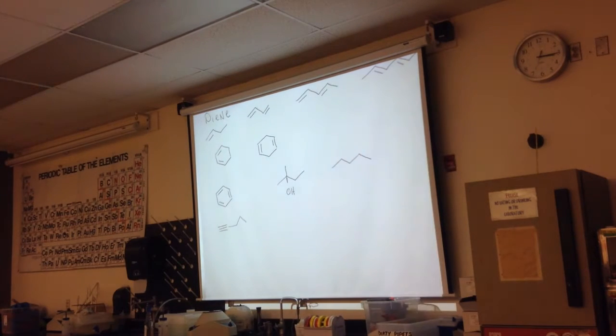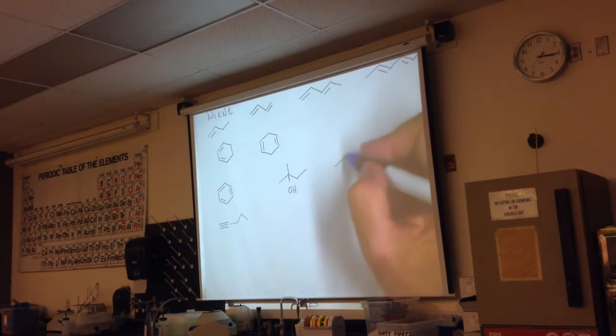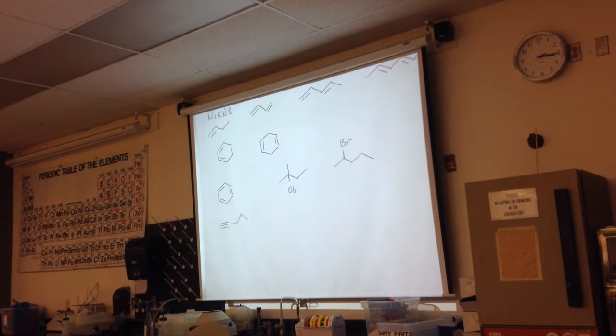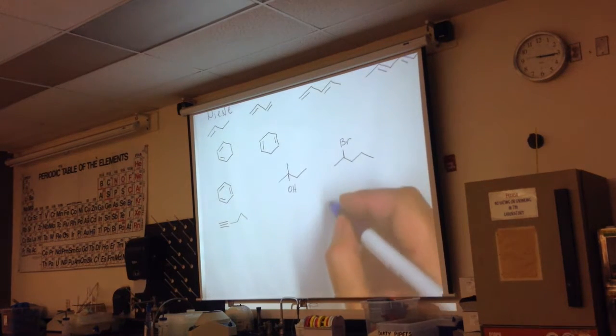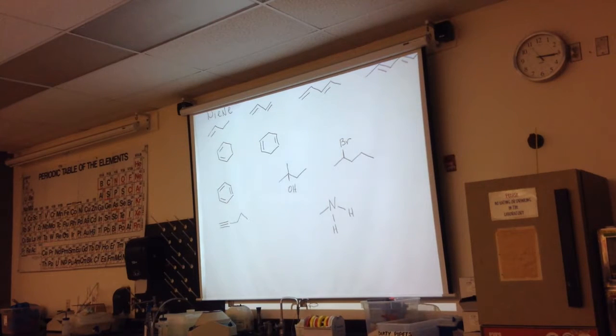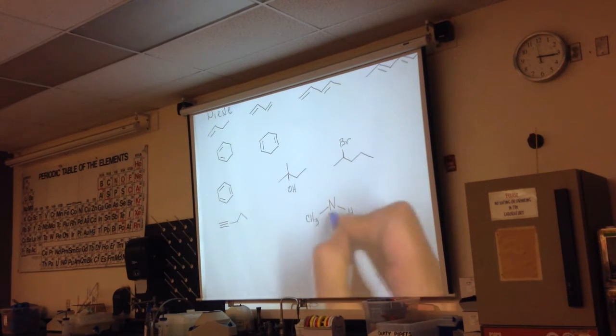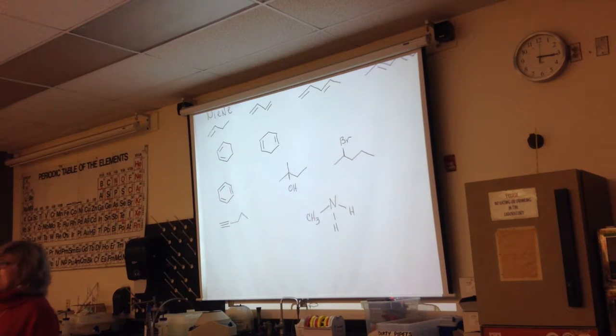So to have a secondary bromide, you find a secondary carbon, and you attach the bromide to that. The very last one is a primary amine. So a primary amine means that you have 1 hydrogen and 2, and you only are bonded to 1 carbon. Your nitrogen is only bonded to 1 carbon.